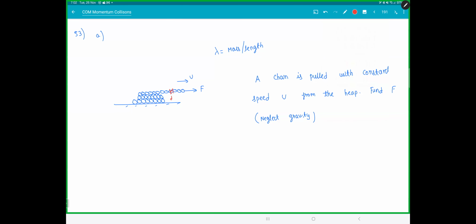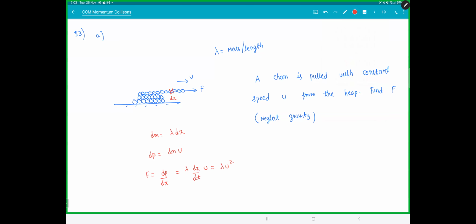You take a small piece dx. The dm will be lambda into dx. The change in momentum: initially the heap is at rest and the chain suddenly moves with speed u. Force will be dp by dt, which is lambda u square.